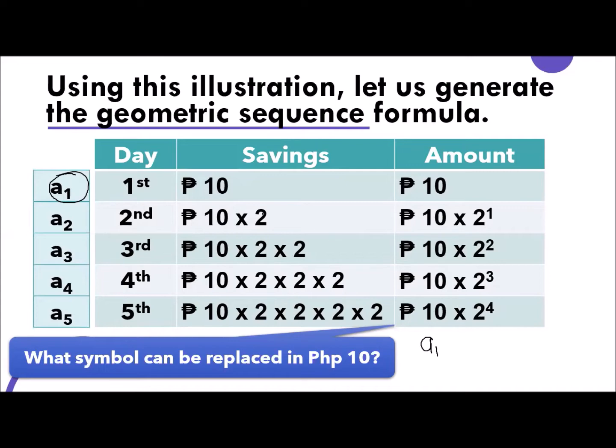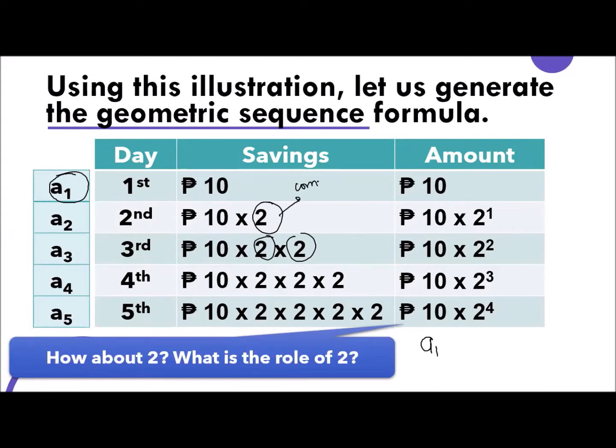Okay, then what is the role of the 2? What should be the correct symbol? The role of that 2 is what we call the common ratio, wherein our symbol is small letter r. So we could replace this by r.